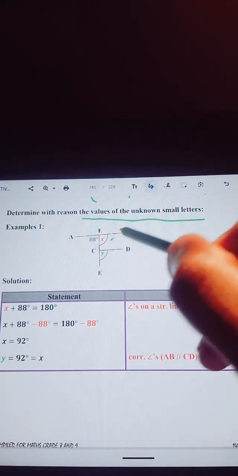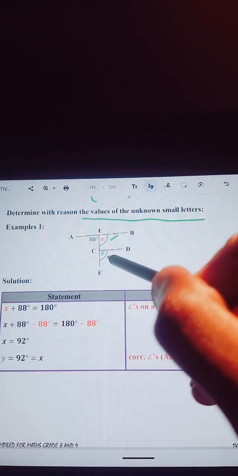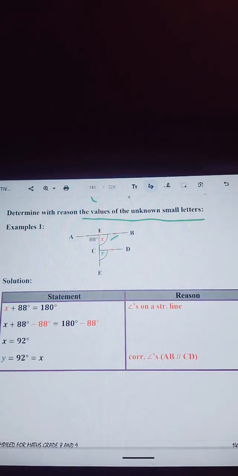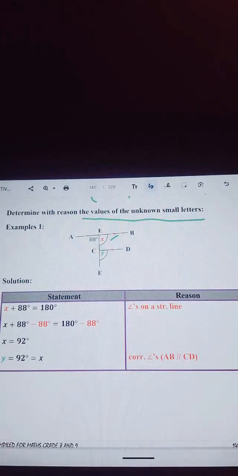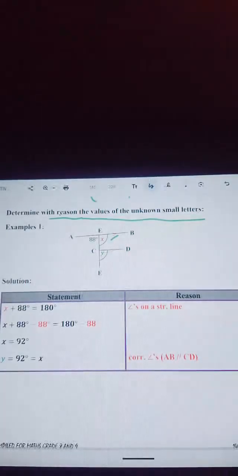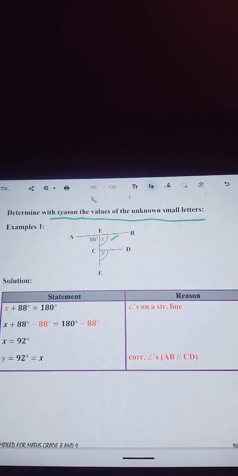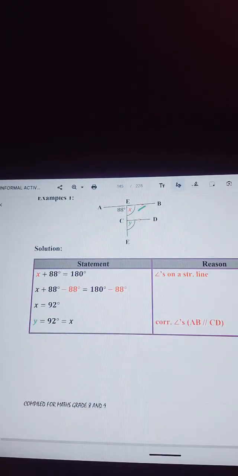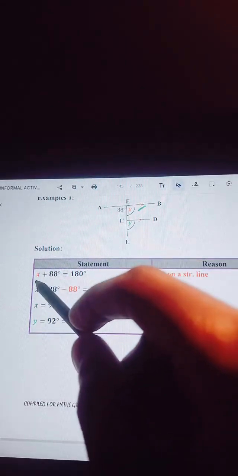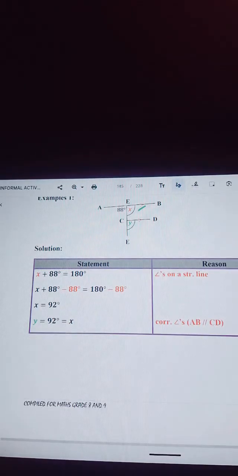Here is the x, we want that. Here is the y, we want that. We are given next door 88 degrees. We want x, and we want the value of y, and we need to accompany that with reasons. In the worked out approach, we are told that x plus 88 is equal to 180.